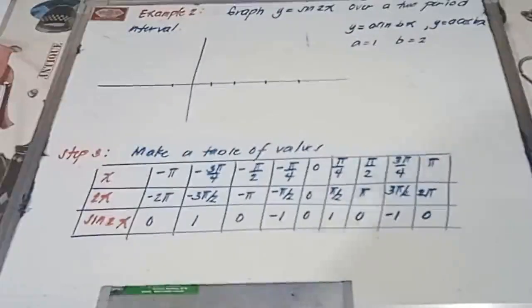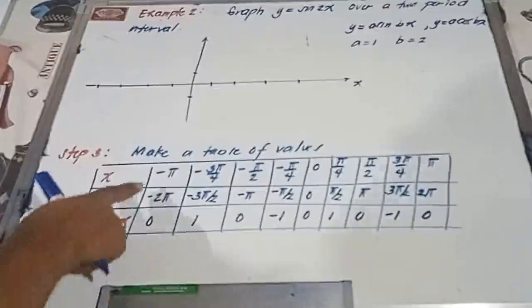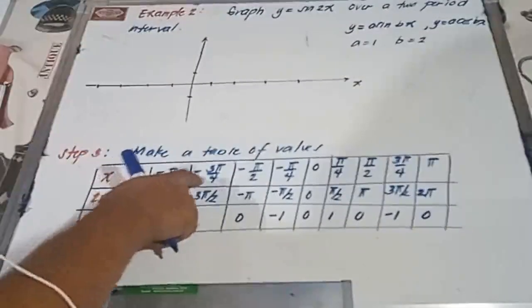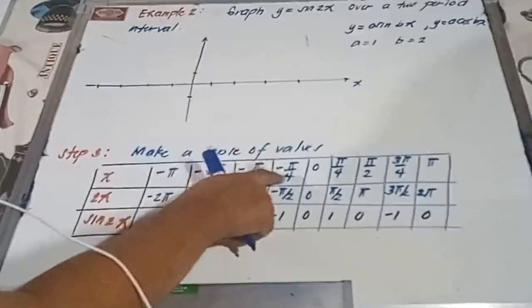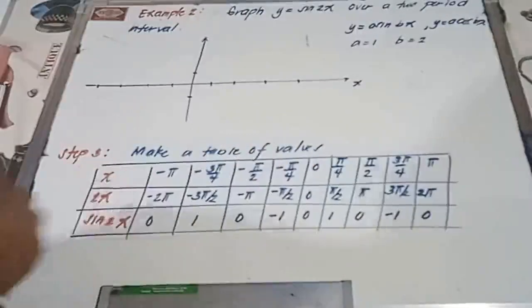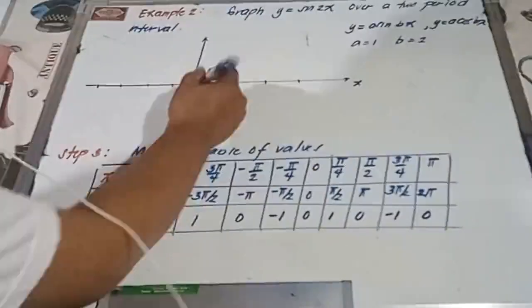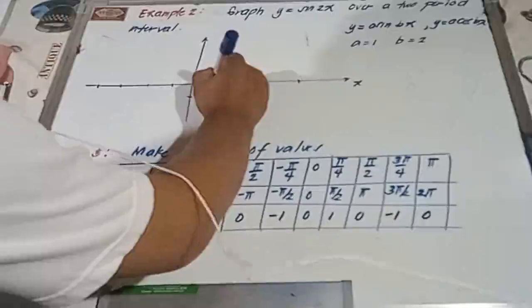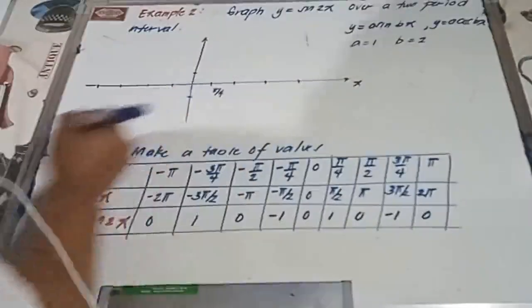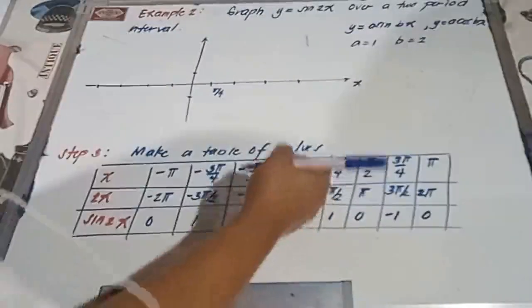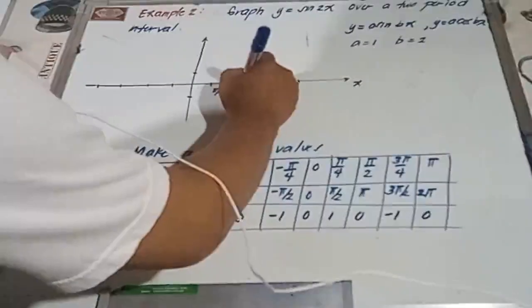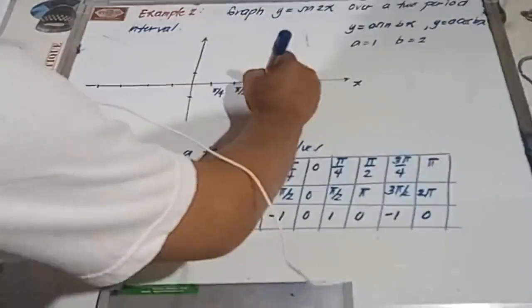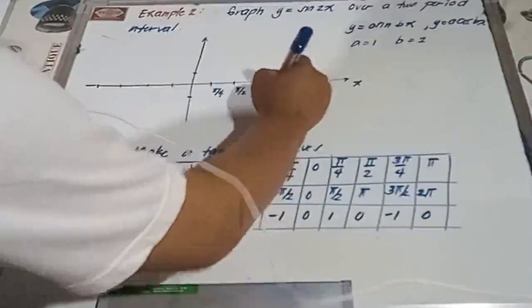At yun na equivalent to negative pi, negative 3 pi over 4, negative pi over 2, negative pi over 4, 0, etc. So we have pi over 4 here. This is pi over 2, 3 pi over 4, pi.